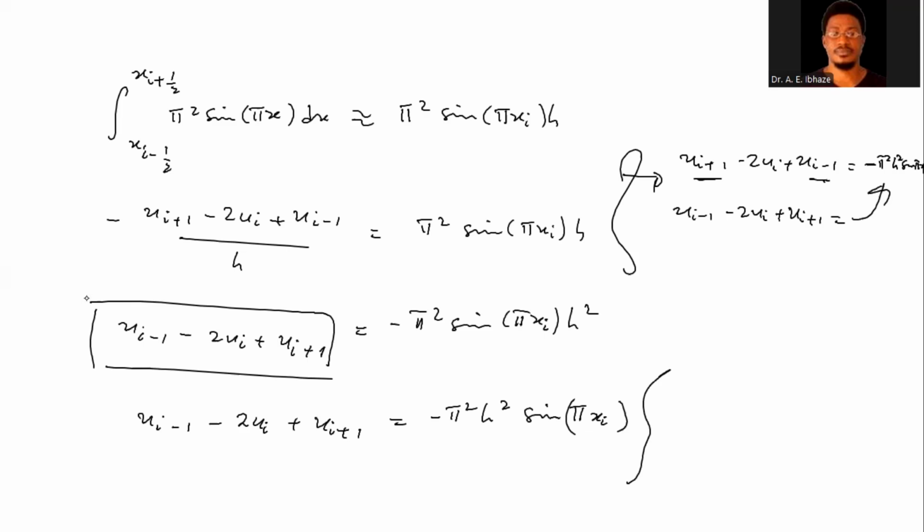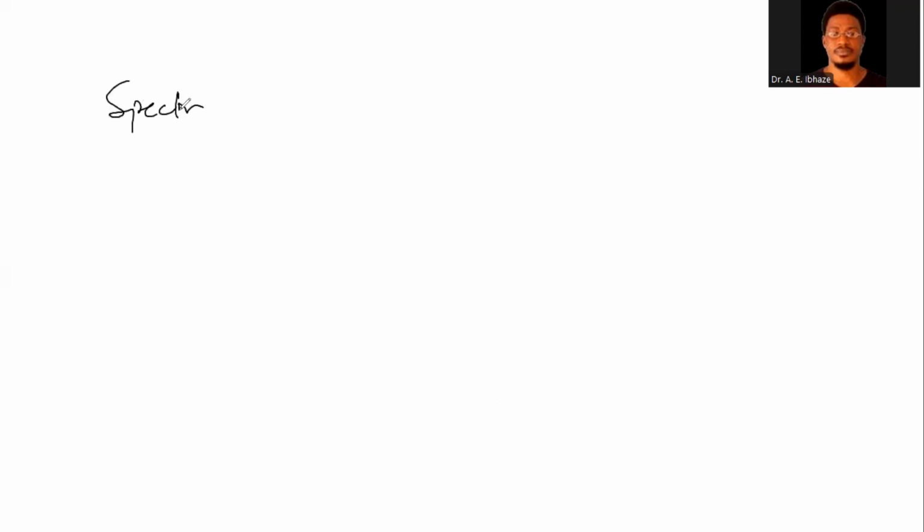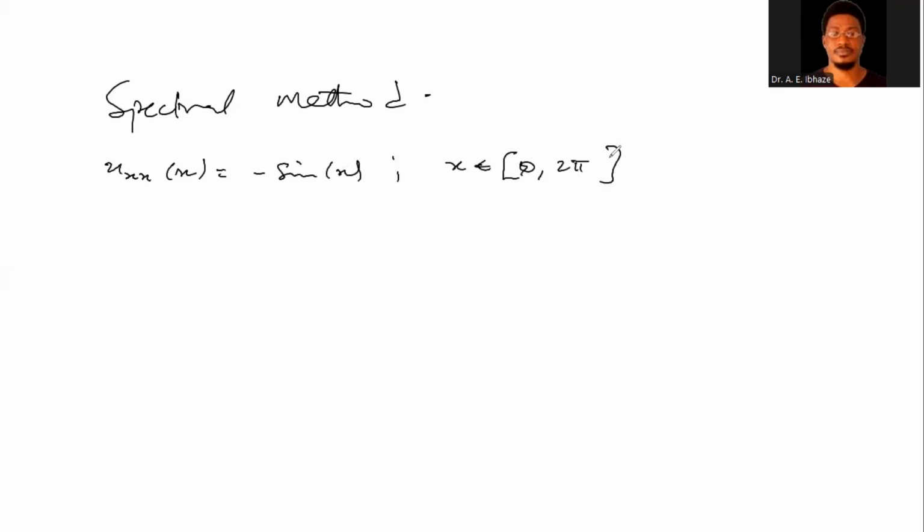And then one more method we want to look at is a spectral method, okay? Here, the derivation of the system is done via the Fourier series. So for a periodic variant of what we are considering, let's say u_xx of x being the same as negative sine x, over the interval 0 to pi, with periodic boundary conditions, we seek a zero mean solution.